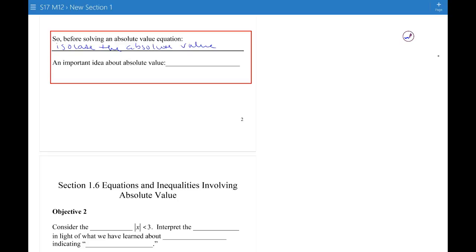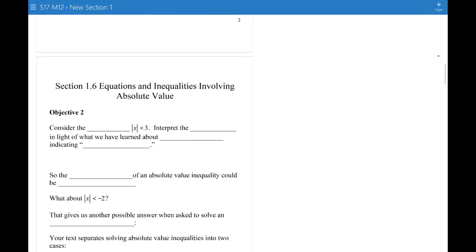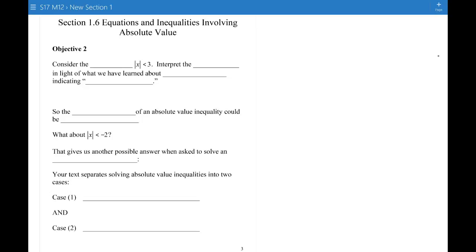That's becoming a common thread. So hopefully you've got that kind of implanted in your brain. So an important idea about absolute value is the idea of the two solutions. It's really easy to lose track of that second solution if you're not thinking about absolute values.